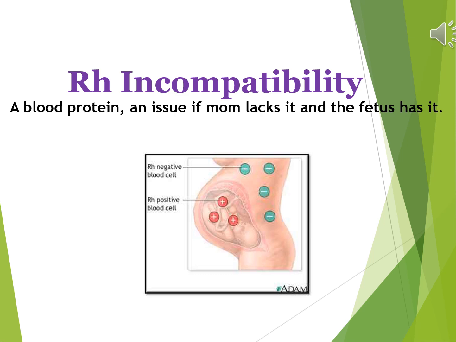And obviously, this can be lethal or highly damaging. In the late 60s, a simple immunization became available that prevents this process from happening. It's still problematic in some areas of the world where they don't have access to this modern medicine, and the effects can be devastating. But that's a brief history of the Rh incompatibility issue.